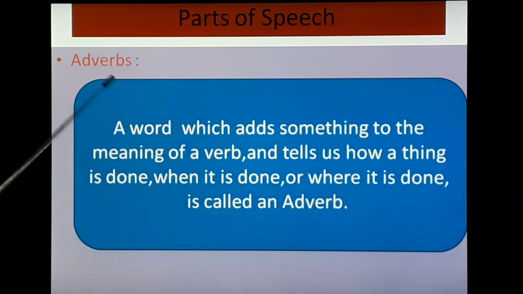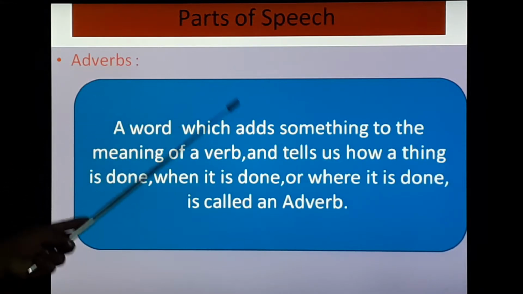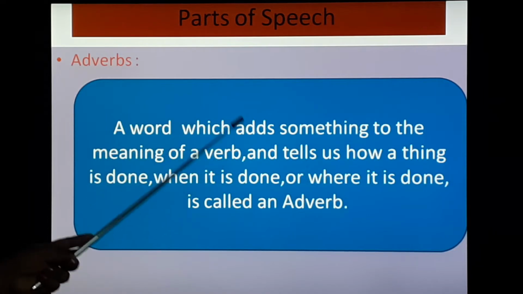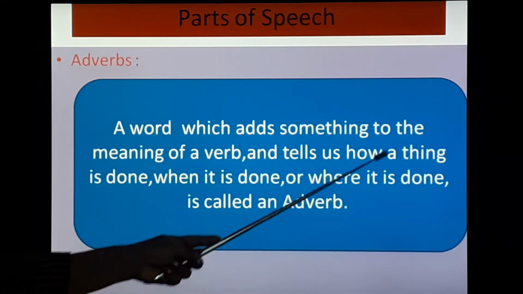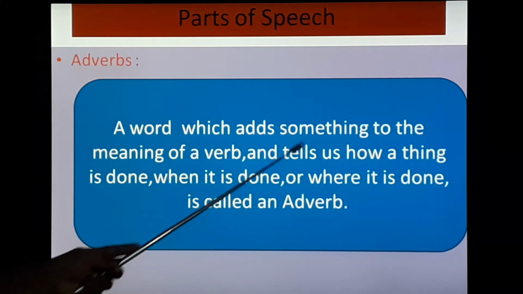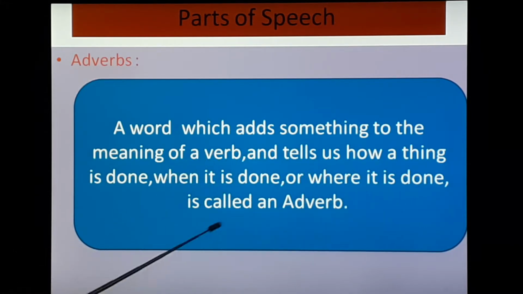Today we will see adverbs. Let's see the definition of adverb. A word which adds something to the meaning of a verb and tells us how a thing is done, when it is done or where it is done is called an adverb.